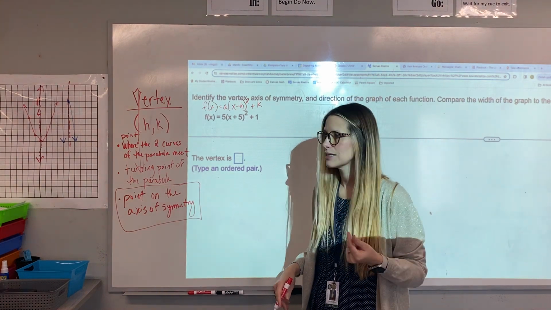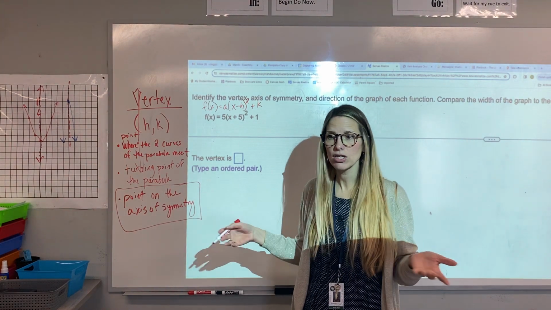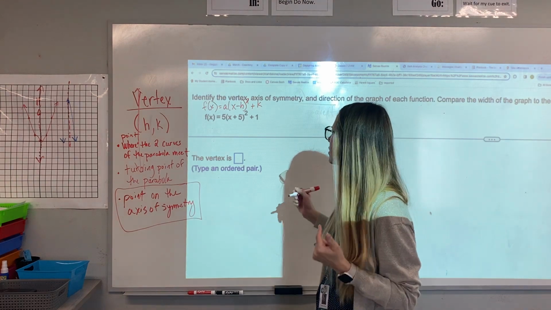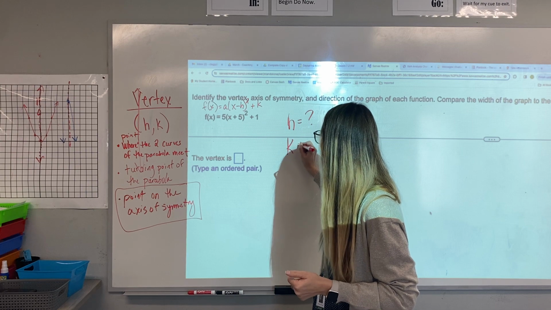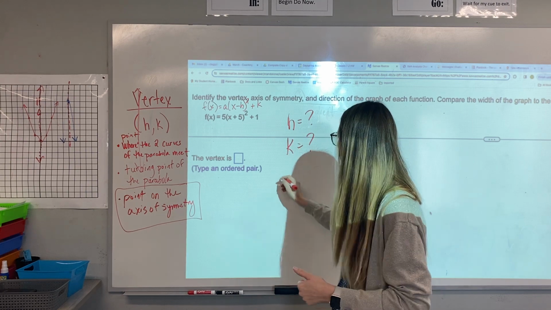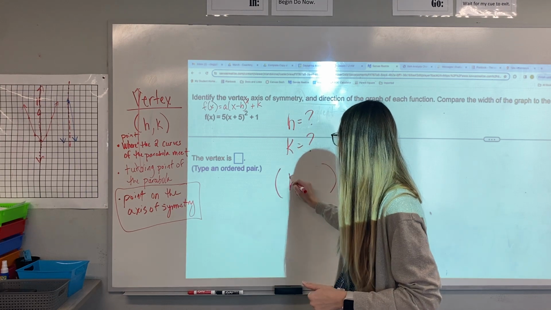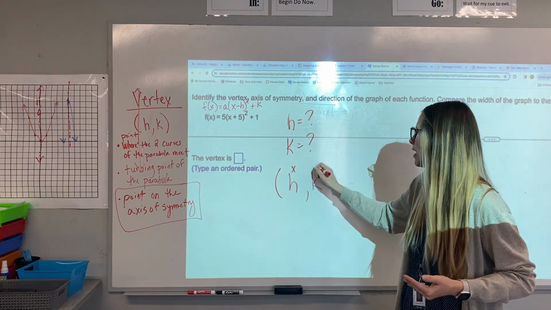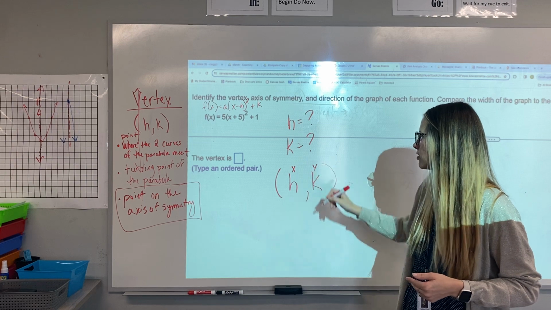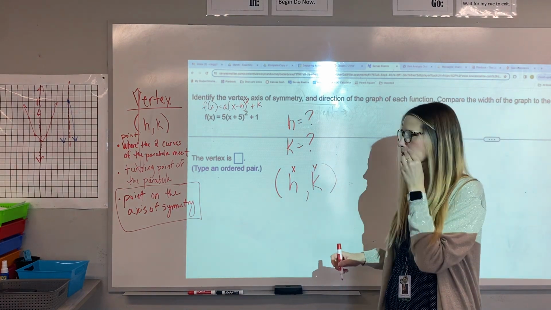That's how easy it is. We don't have to compare it with the parent function. We're just saying, what is h? What is k? And then put them as a coordinate pair where you have h as your x value and k as your y value.